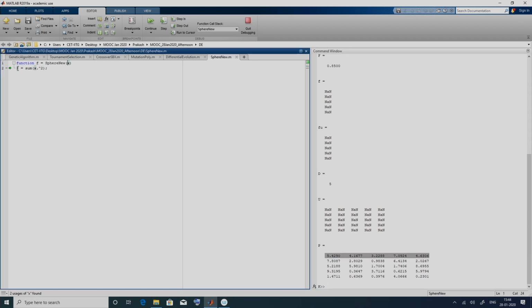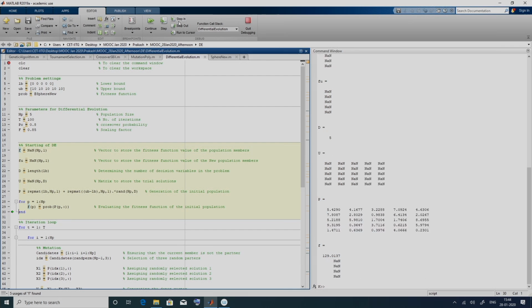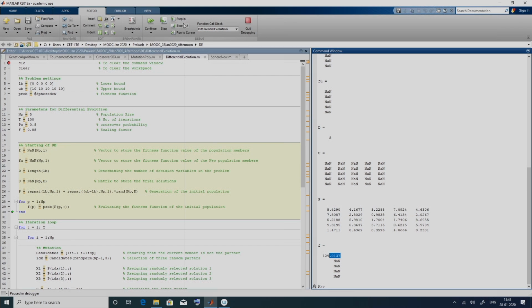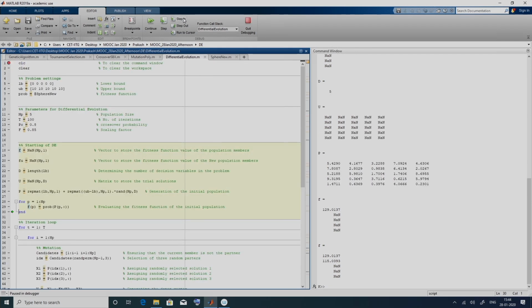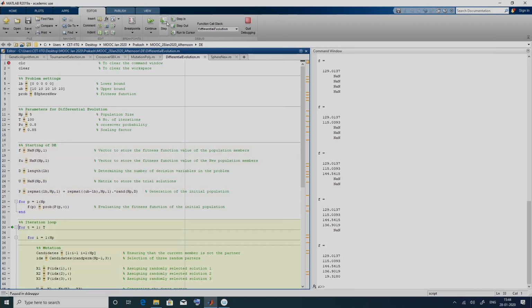So, it will determine the fitness function value and that is being returned back, right. So, here if we see, the fitness function of the first solution has been determined to be 129.0137. So, similarly, if we keep doing this, right, it will determine the fitness function of all the 5 solutions.